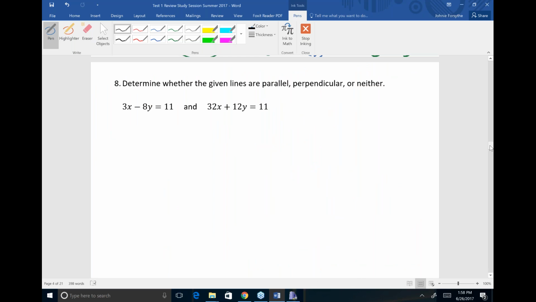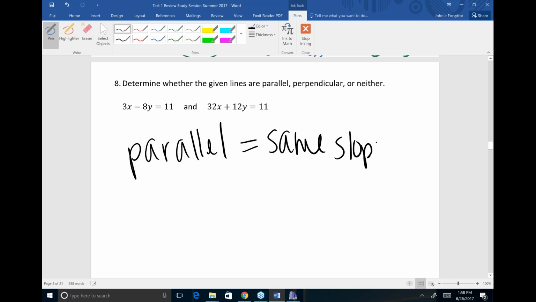This is one asking you if the lines are parallel, perpendicular, or neither. You basically would find each slope using slope-intercept form and then compare them. So remember, parallel lines have the same slopes.